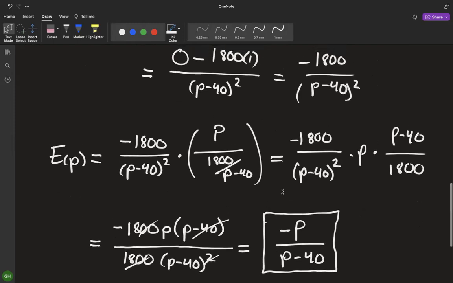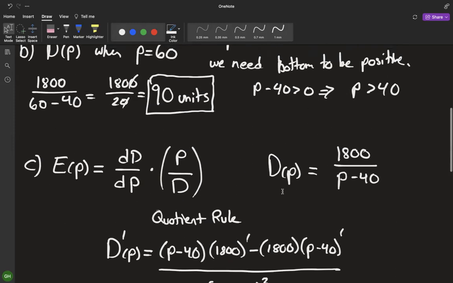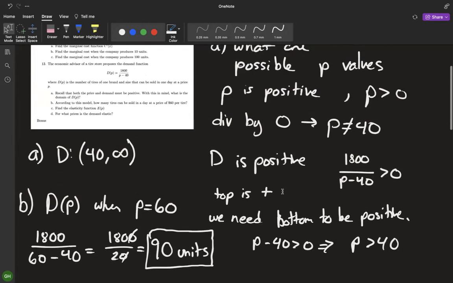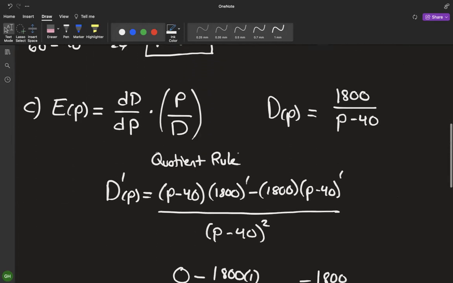As an aside, I did just want to mention that we could have done this derivative by writing this as 1800 times P minus 40 to the negative 1. And now we could just use the chain rule, right?